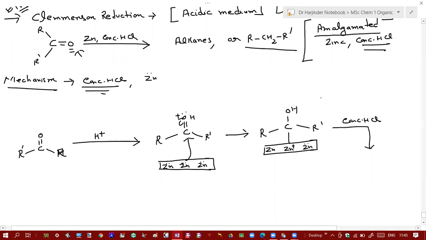So this will become OH2 positive R prime, with zinc Zn positive. Now what will happen next?